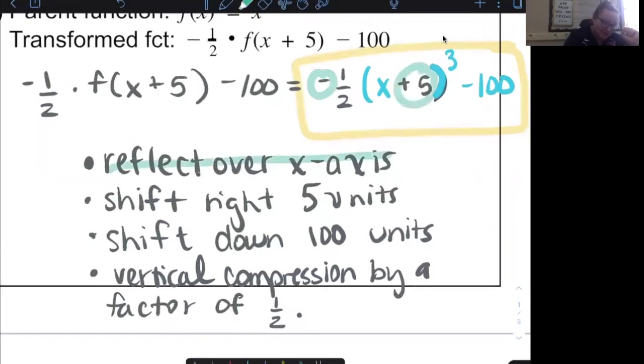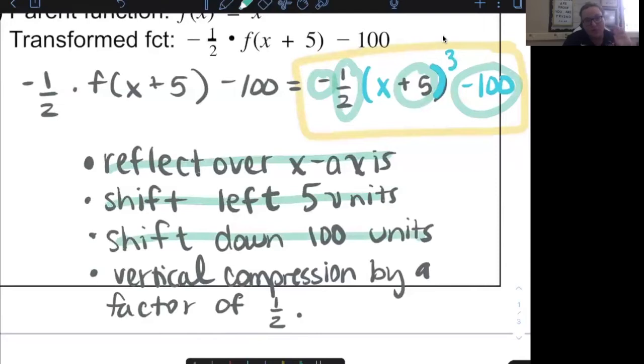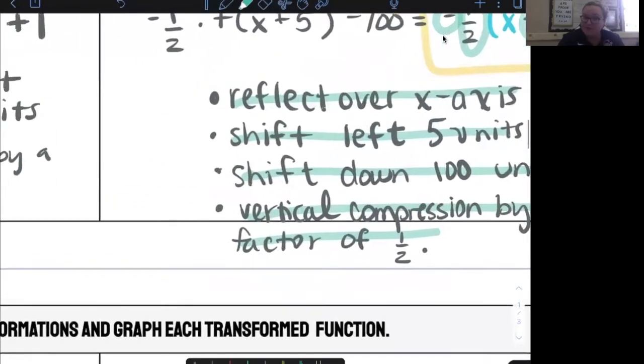Adding 5 shifts, just kidding, it shifts us left, not right, 5 units. The -100 shifts us down 100 units. And then the 1/2 is less than 1 but greater than 0. So we have a vertical compression by a factor of 1/2. I hope you got the same answers as me.